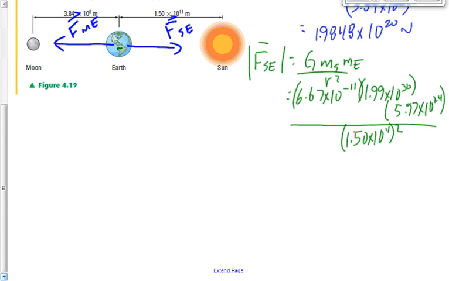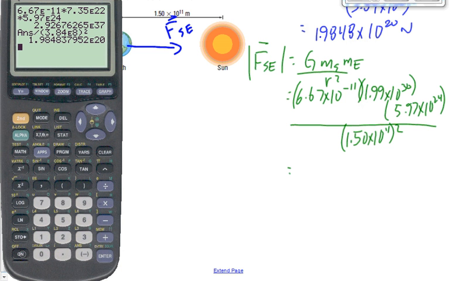Give me the distance between the Sun and the Earth. I can answer that one. 1.50 times 10 to the 11. Of course, we've got to square that. 6.67 times 1.99 times 5.97.